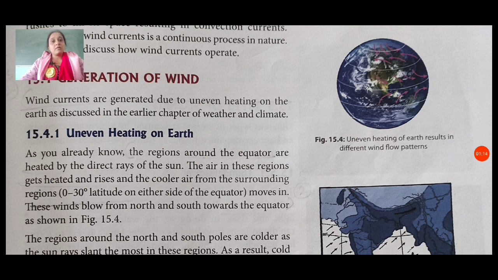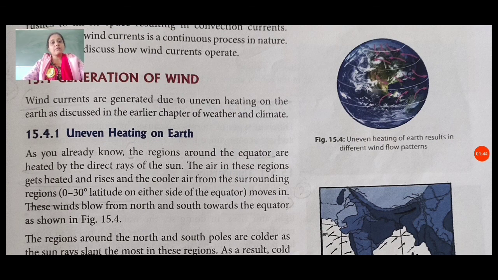Uneven heating on earth: as you already know, the regions around the equator are heated by the direct rays of the sun. The air in these regions gets heated and rises, and the cooler air from the surrounding regions moves in. These winds blow from north and south towards the equator as shown in figure 15.4.